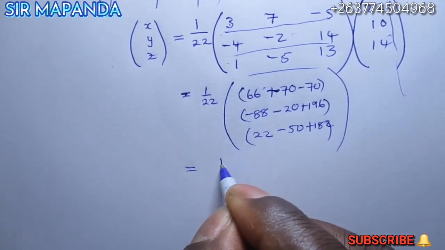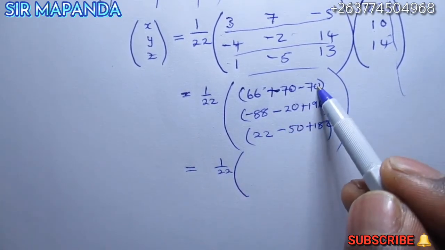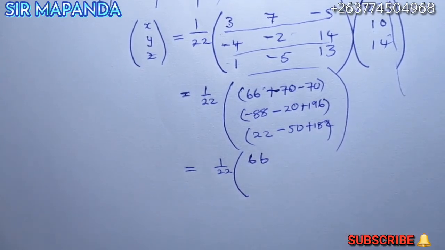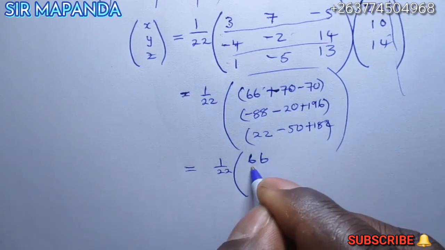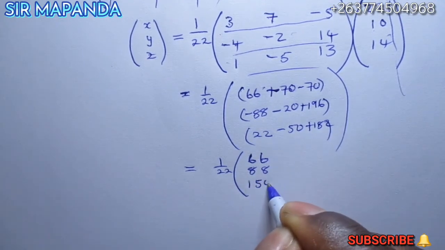So you write 1 over 22 here. You can clearly notice that 70 minus 70, you get a 0. So you'll be left with the 66. Right? Then minus 88. Right? Minus 20 plus 196, you get 88. Then 22 minus 50 plus 182, it gives you 154.